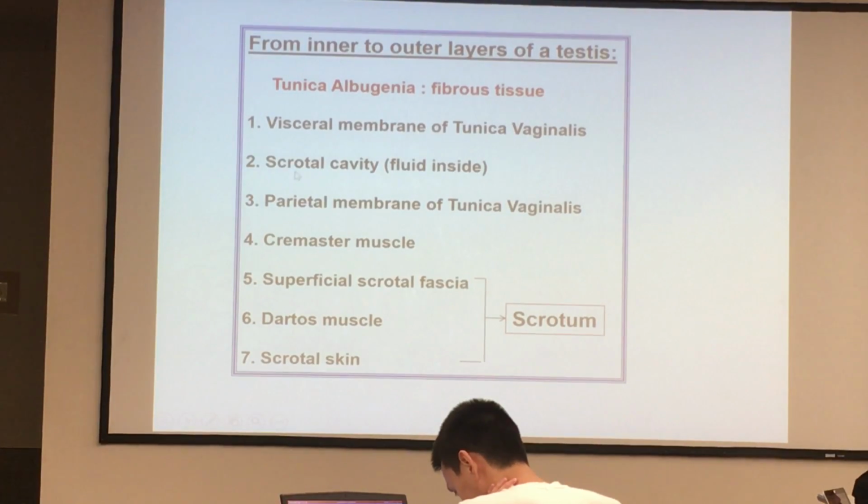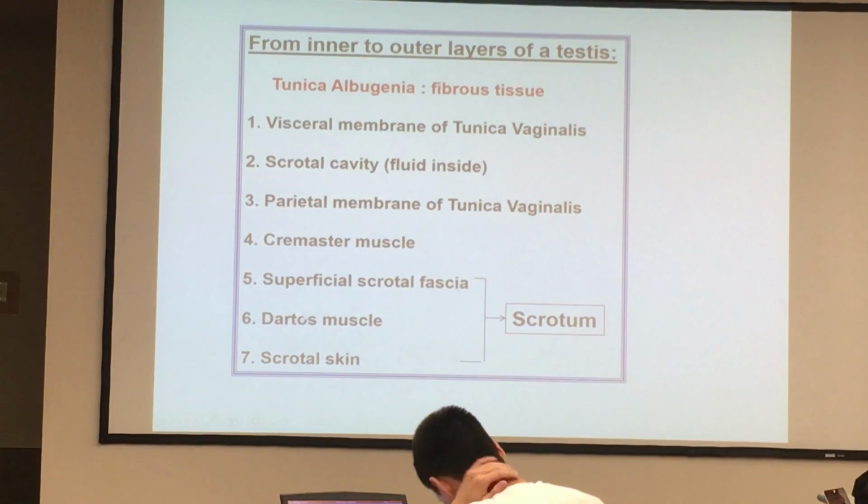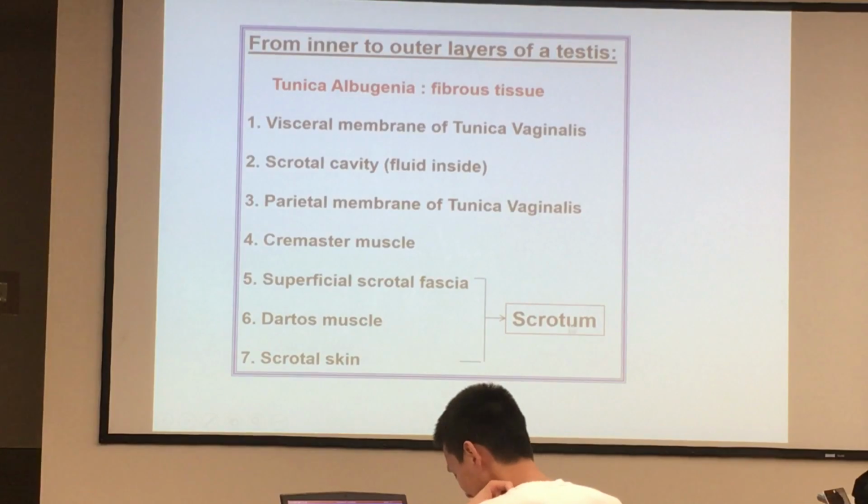In between will be the scrotal cavity, and we have cremaster muscle, and then we have this fascia, and then we have dartos muscle and the skin. Okay, the scrotum includes the last three altogether. Okay, so from here you know roughly their structure.